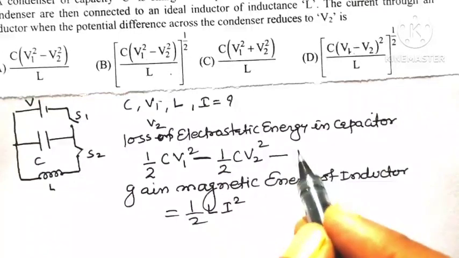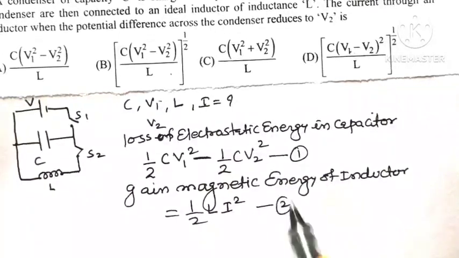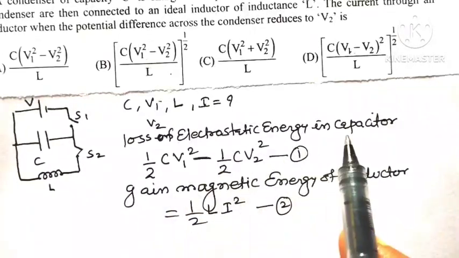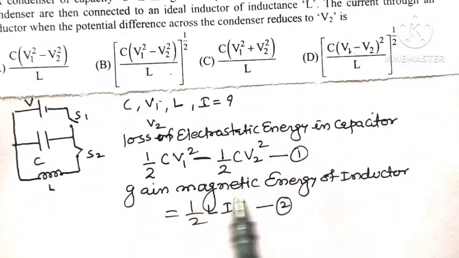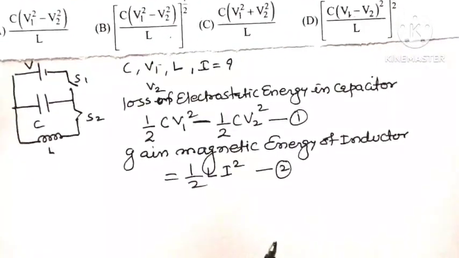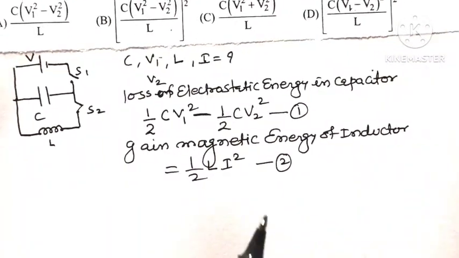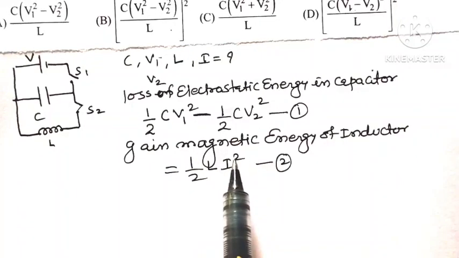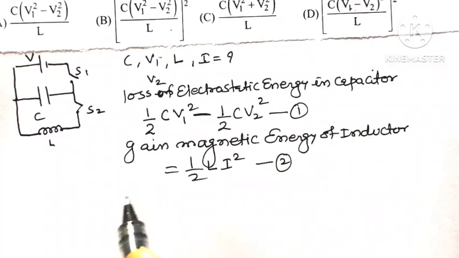So we have two terms: one is the loss of electrostatic energy in the capacitor, the other is the gain in magnetic energy of the inductor, and we know that in an LC oscillator, the loss of electrostatic energy in the capacitor is equal to the gain in magnetic energy of the inductor.